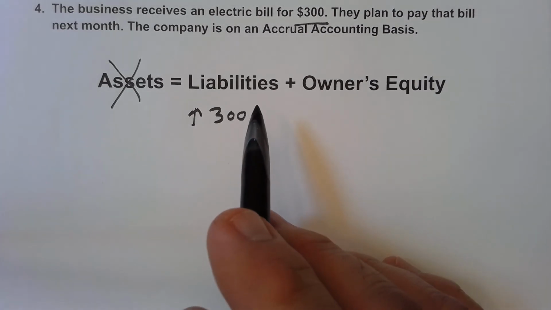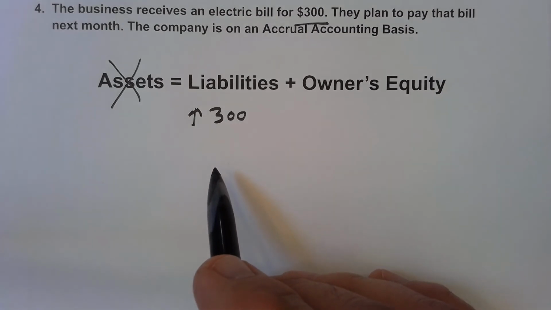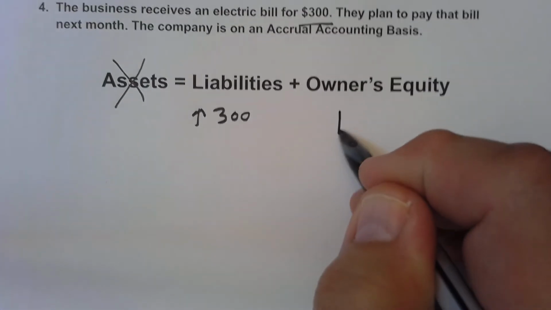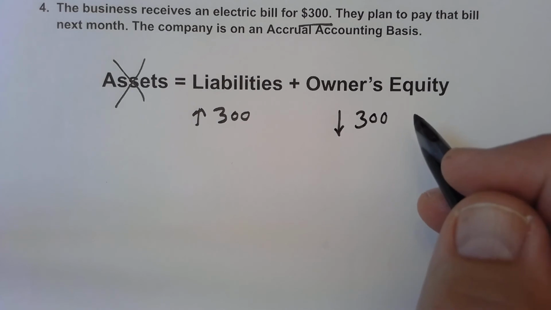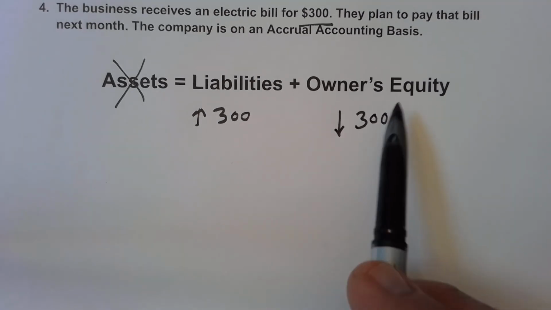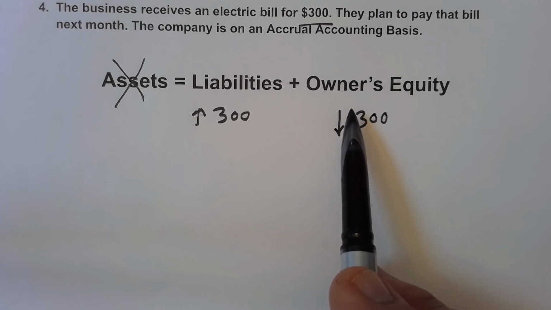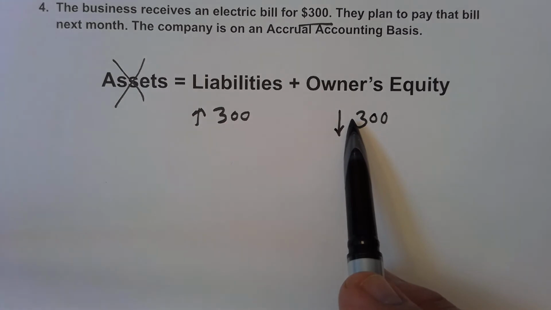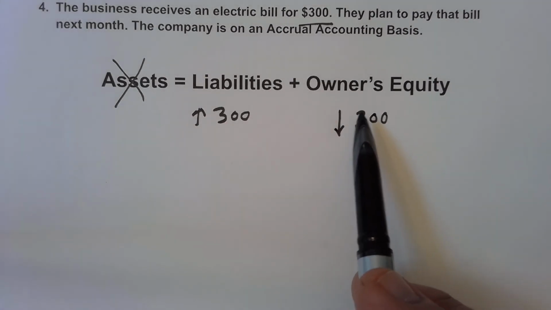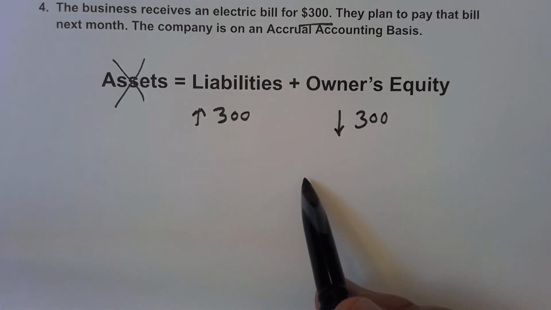Put the answer down in the comments below if you know. That's right. We have to decrease owner's equity by $300. As you can see, owner's equity is often acting like a ballast for a ship. It is increased or decreased to help keep things in balance. I don't know much about ships, so that might be a terrible example. But I think you get my point.